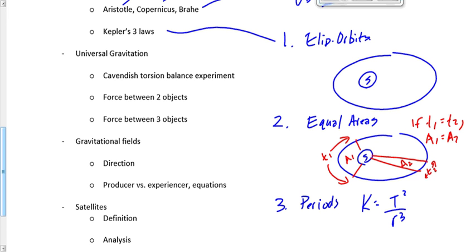T squared over r cubed for the Earth revolving around the sun gives you a certain k. T squared over r cubed for Jupiter revolving around the sun gives you the same value of k as the data about the Earth. So that allows us to find, we didn't do calculations with this, but it would allow us to find data about one planet using data about another planet.